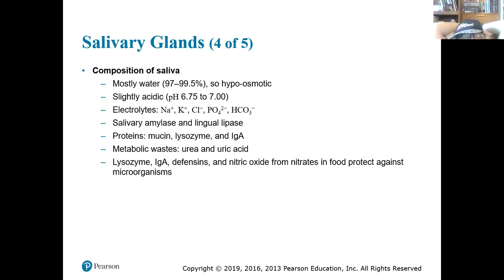Remember, neutral is 7, so it's somewhere from 6.75 to 7. Saliva has sodium, potassium, calcium, phosphate, and bicarbonate in it. Salivary amylase and lingual lipase are two of the enzymes released there. Lingual lipase obviously digests fats, and salivary amylase digests starches.